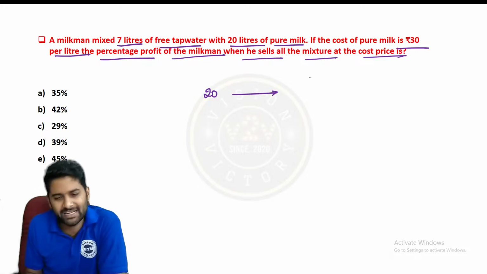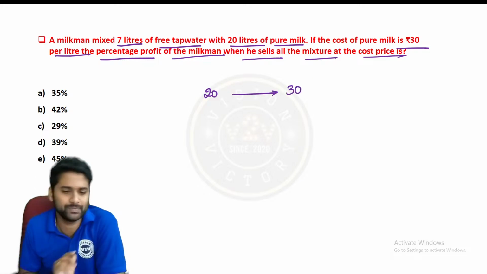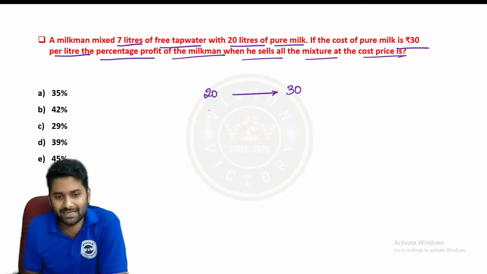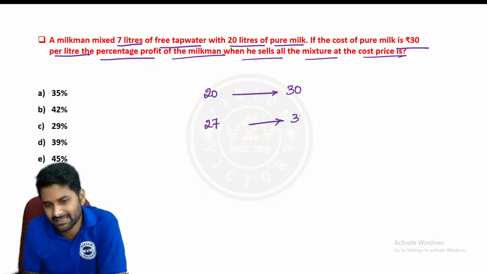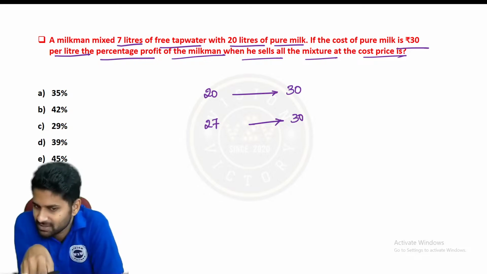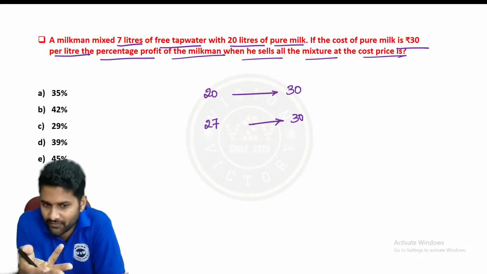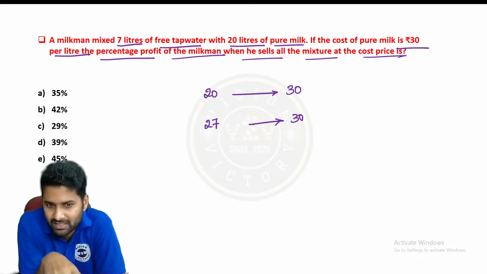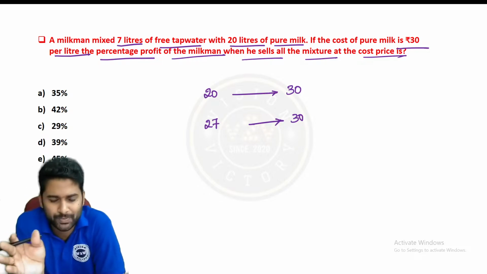He invested in 20 liters for 30 rupees. Later, while selling, he is adding 7 liters of free water. It's 27 liters. Now he sells it for how much? It's the same amount. Remember, 20 liters he purchases for 30 rupees. He adds 7 liters of free water. Now those 27 liters also he sells for 30 rupees itself only.